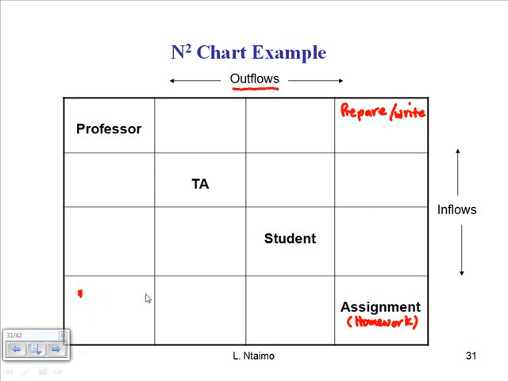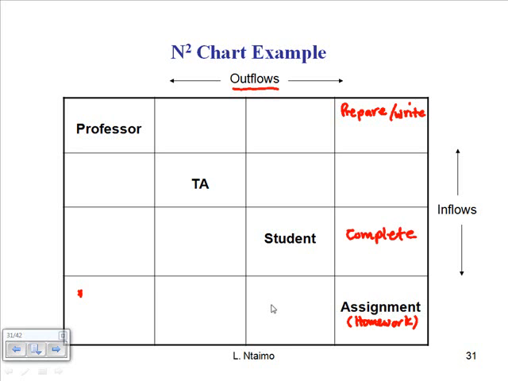So now I want to look at the student and the assignment. What does the student do to the assignment? It's going to come here. The student is expected to do the assignment or complete the assignment. So student has to complete the assignment. And what does the assignment provide to the student? The inflow.